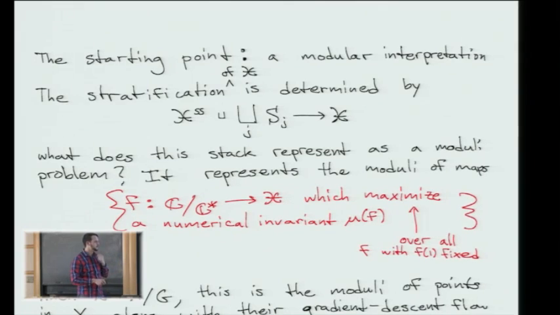And you can frame this in terms of algebraic geometry. If you consider the stack C mod C star, and you consider a map to the moduli stack that you're interested in, that's essentially the same thing as having a potential gradient flow line if there was a GIT story in the background. And it turns out that the actual gradient descent flow line is the map from C mod C star to X which maximizes a certain numerical invariant that you can associate to such a thing.